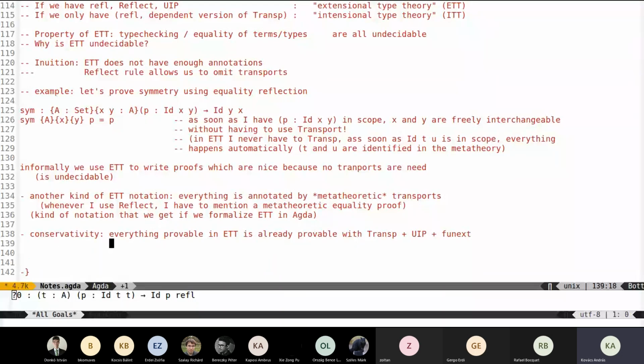This conservativity statement refers to these fully explicit ETT proofs, which are embedded formally in some meta-theory, such that the meta-theoretic equality proofs are also completely formal.